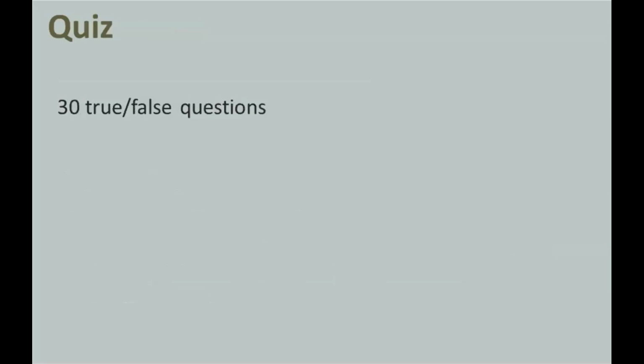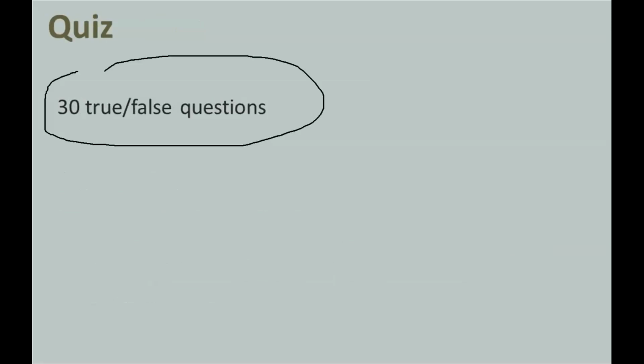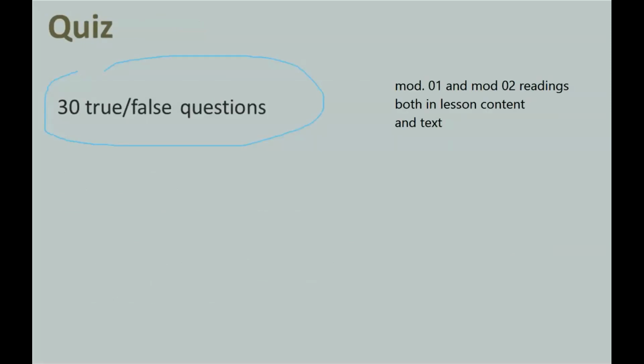The railroad one. The quiz is 30 true-false questions. So you need to do the Module 1 and Module 2 readings. Okay, lesson content and text. And that's basically it.